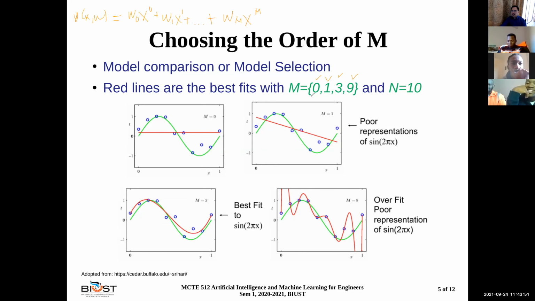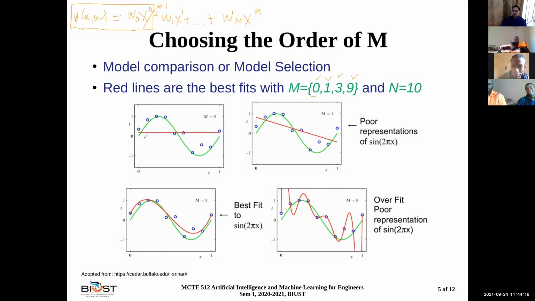When your degree m is equal to 0, it is a constant. So whatever your w is, x to the 0 is 1, so this is just a constant w0.